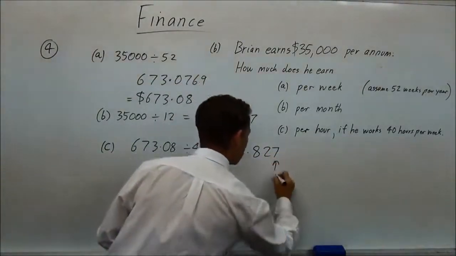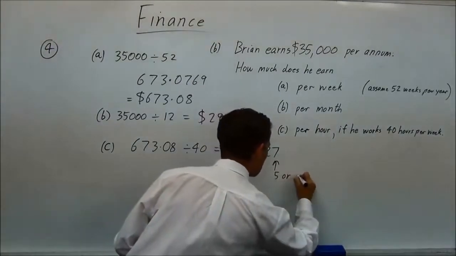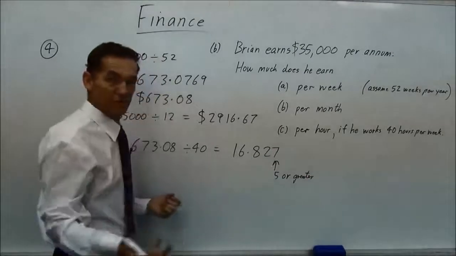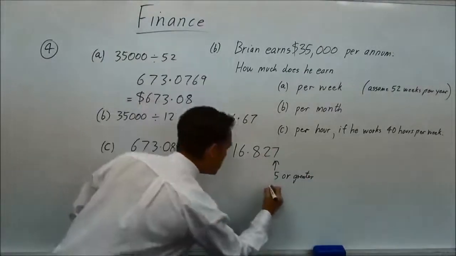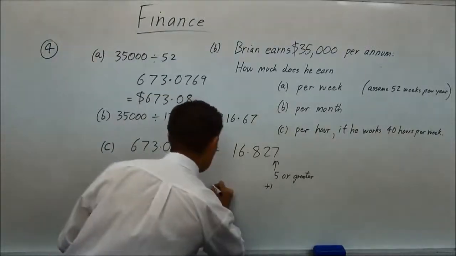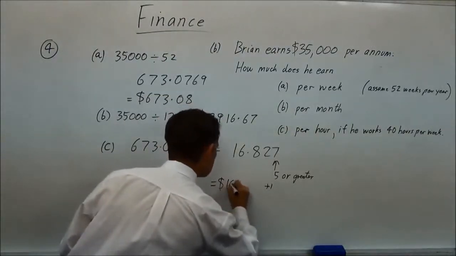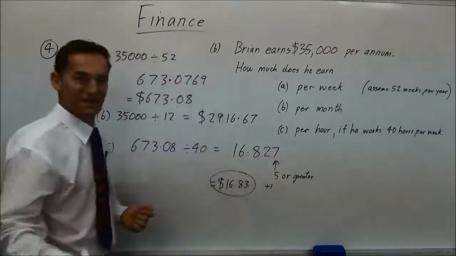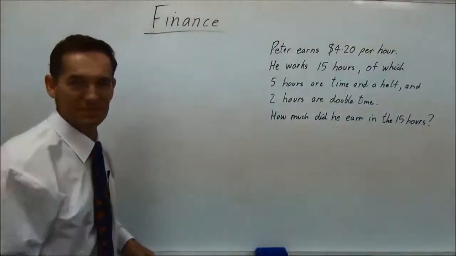Now that number is 5 or greater. So if that number is 5 or greater, that number goes up by 1 for your answer. Okay? So we're going to get $16.83. And you're done.